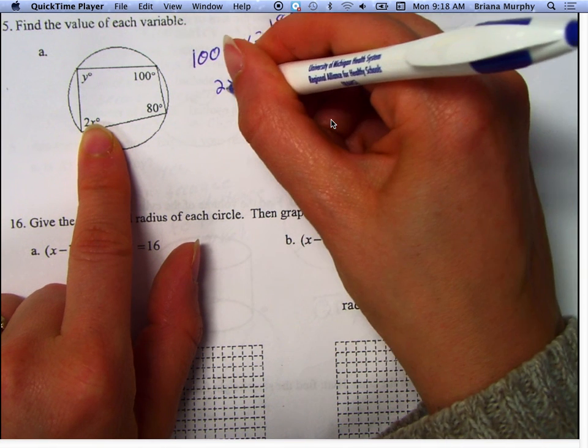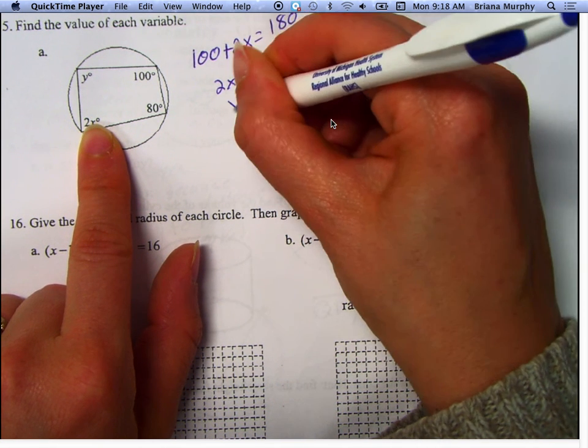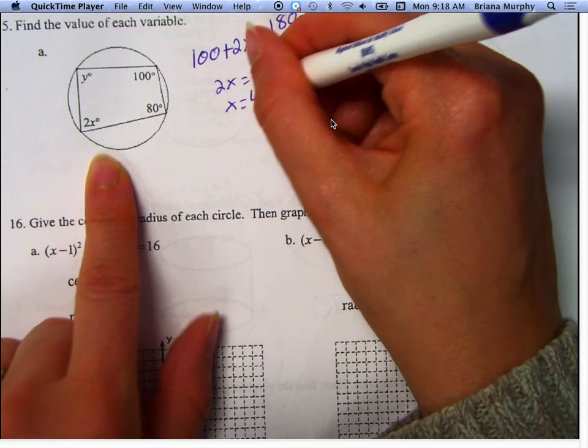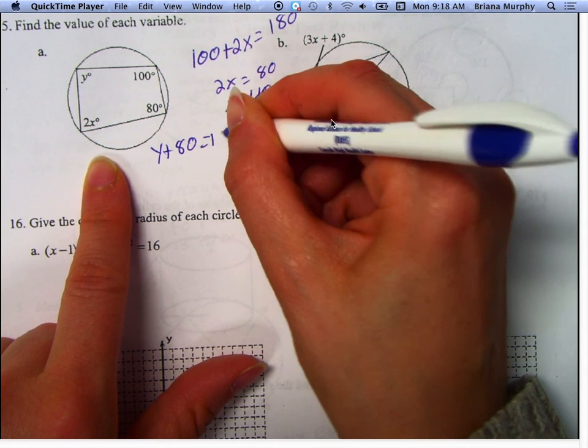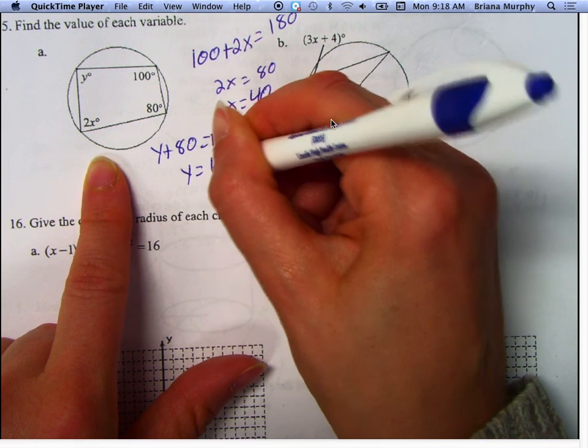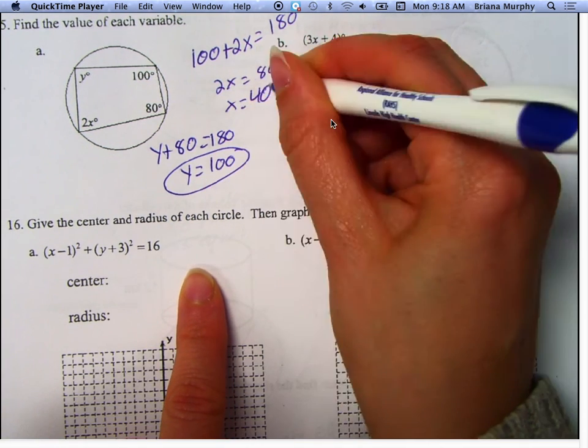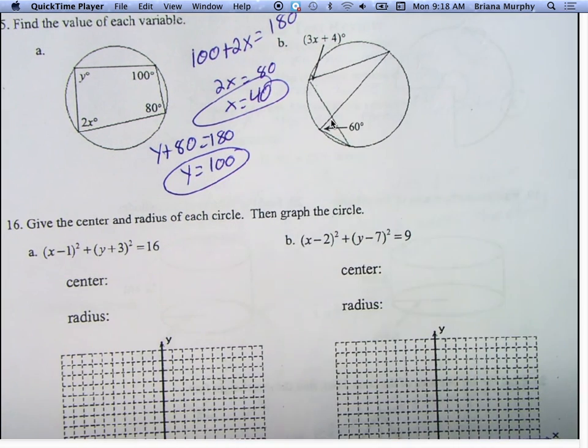So 2x equals 80, so x equals 40. So y plus 80 equals 180. So y equals 100. We okay with that? Opposite is like across from, not next to.